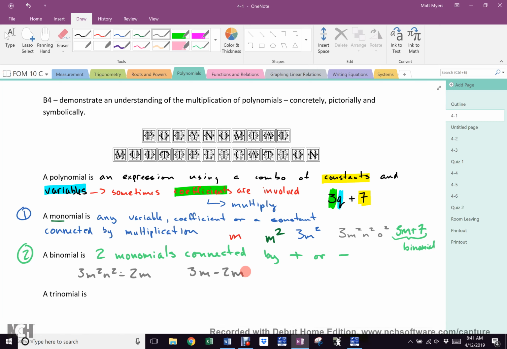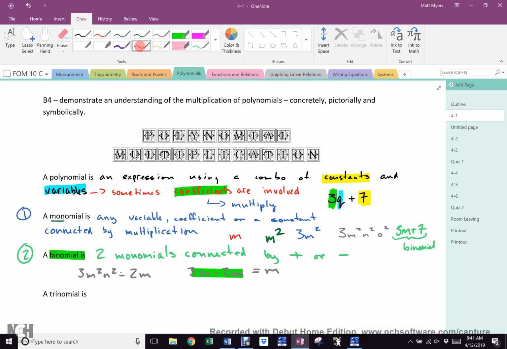When we simplify it, is it? No. What's going to happen when I simplify that? It's going to become m. So this part, binomial. But we would simplify it. Everyone is cool? Yes, it would make it a monomial. Okay?